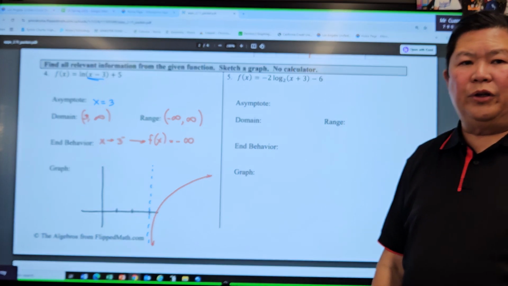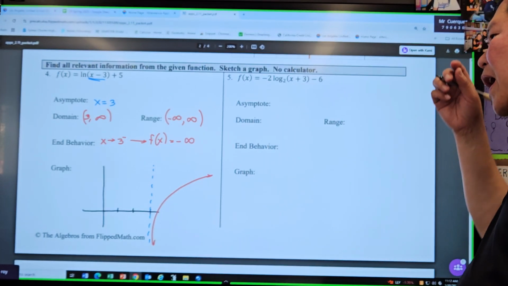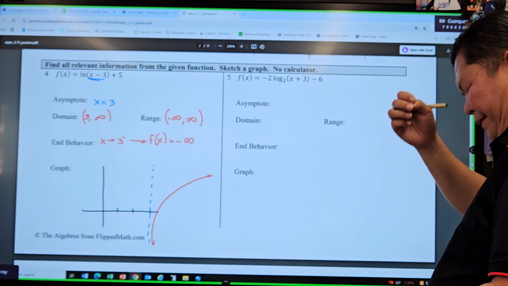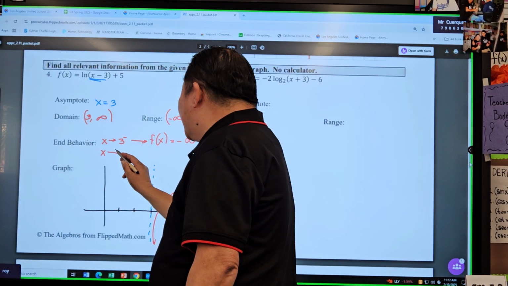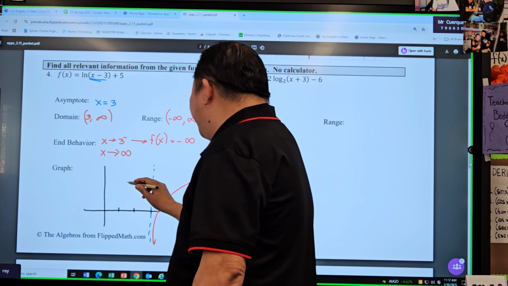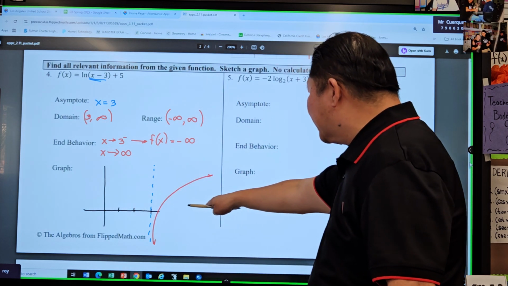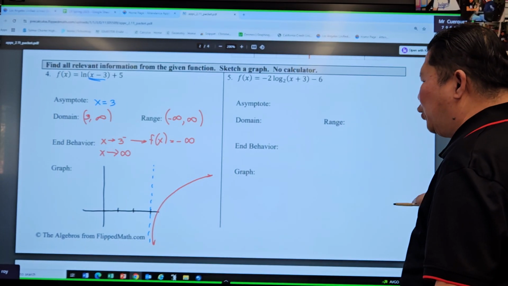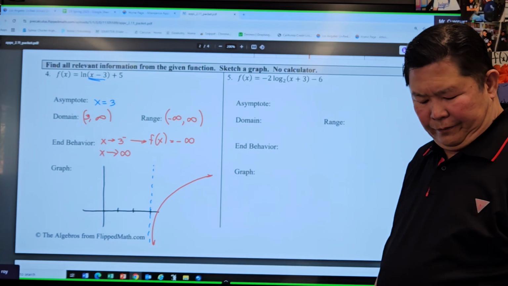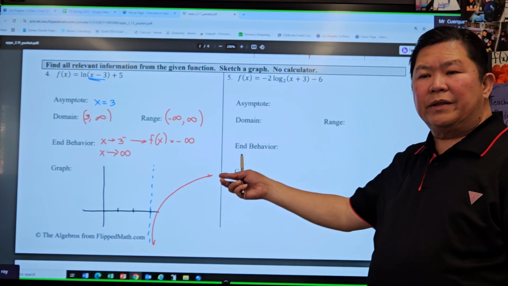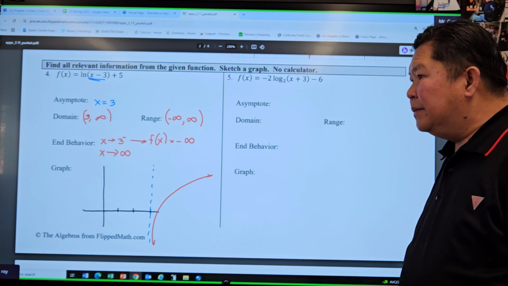However, if we do positive values of x, as x goes to positive infinity, what happens to y? The y is going up.